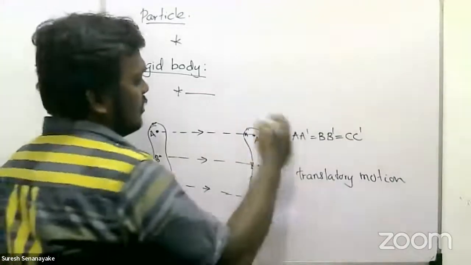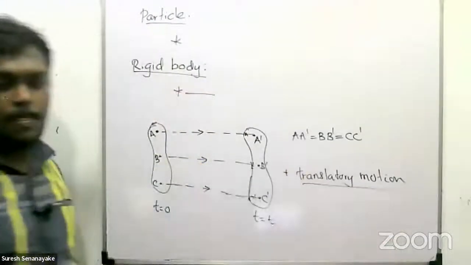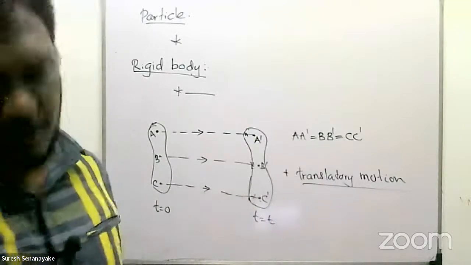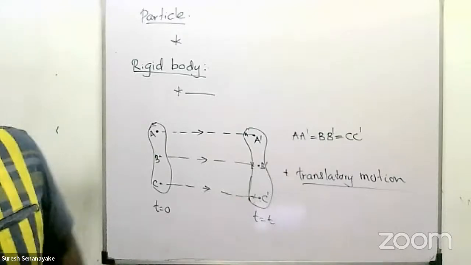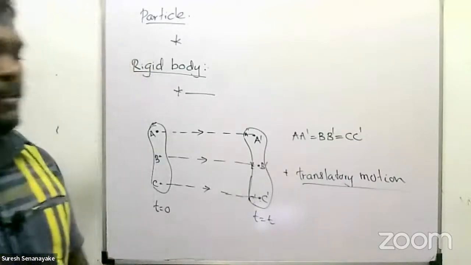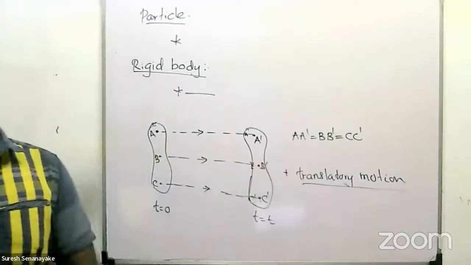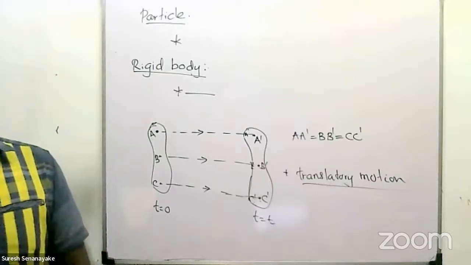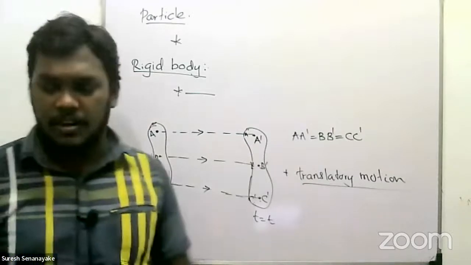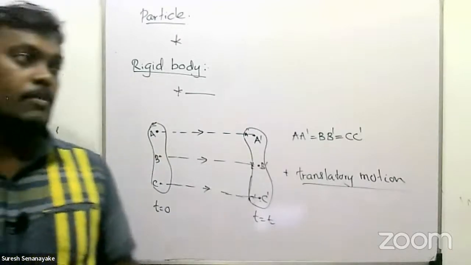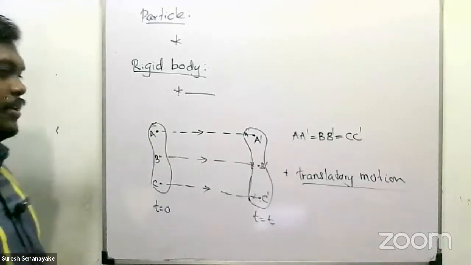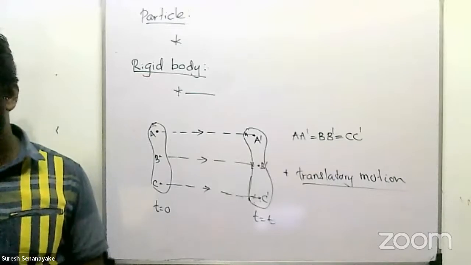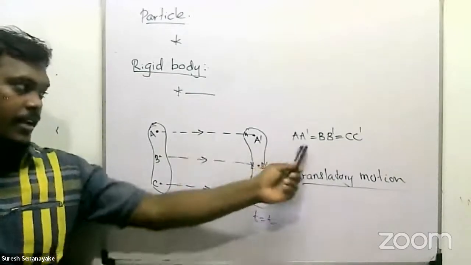Translatory motion: when different particles of a body undergo the same displacement, the motion of the body is called a translatory motion. If you want, you can draw this and write A A dash equals B B dash equals C C dash.